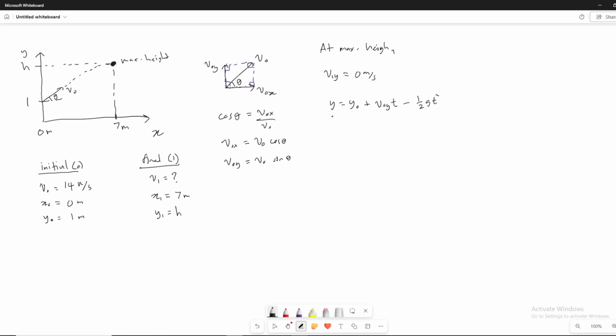So h equals y naught, which is 1, plus v naught y, which is 0, minus half 9.81 t squared. This is t1.